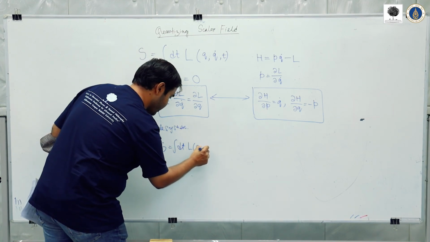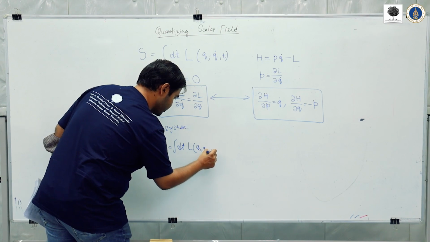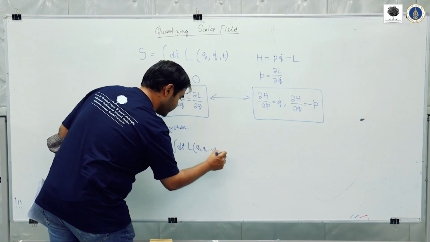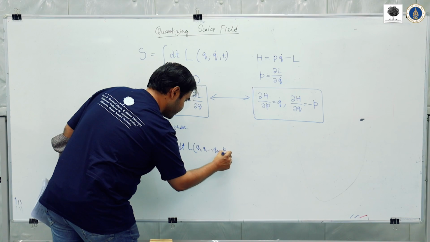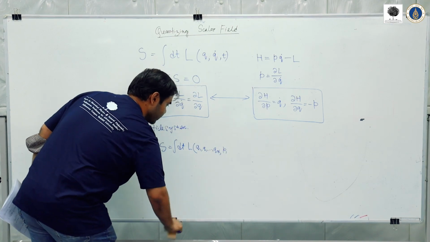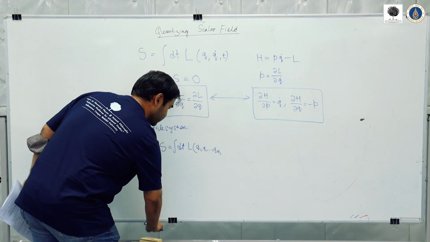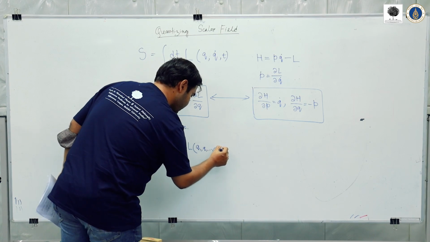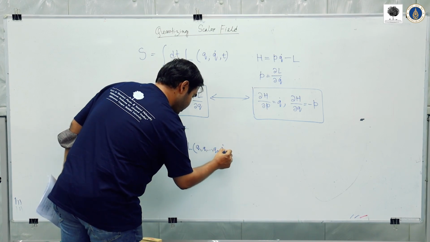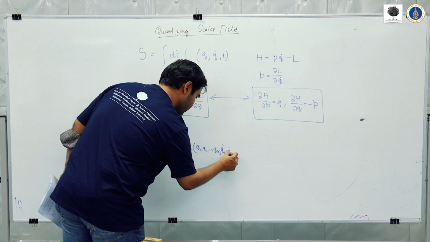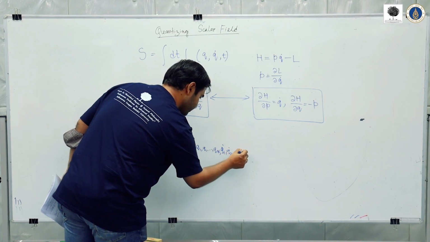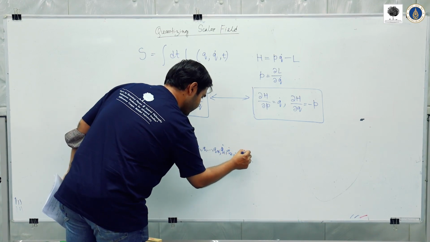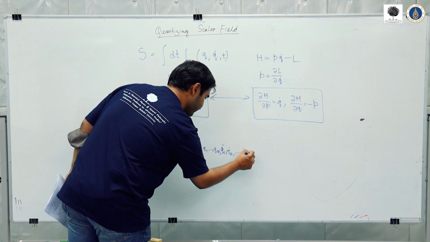Say we have q1, q2 up to qn, then q1 dot, q2 dot up to qn dot, and then time.